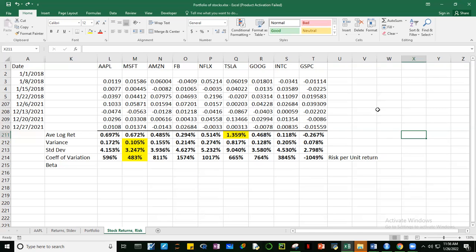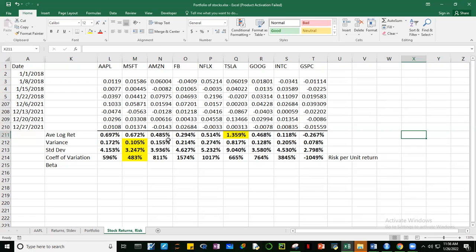So when our beta is more than 1, it's good when the market is bullish, but when the market goes down, guys, it's bad, because our losses are higher. Then a negative beta, as we said last time, moves opposite the market. That's also good in a portfolio, because when the market goes down, you have stocks that go up. So that's what that means.